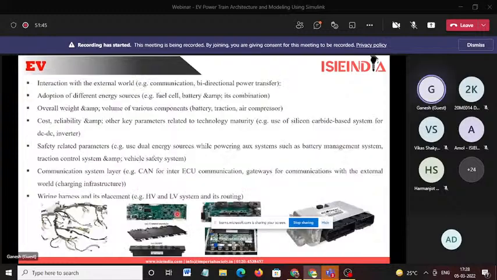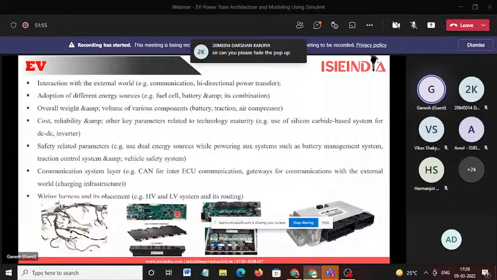So, interaction with the external world. On one side we have seen how the motor is running. There is a small example for IC engines and electric vehicles. If an IC engine stops, there are a lot of ways to start your engine. You can push your vehicle, or with a two-wheeler you can remove the spark plug, clean it and put it back.